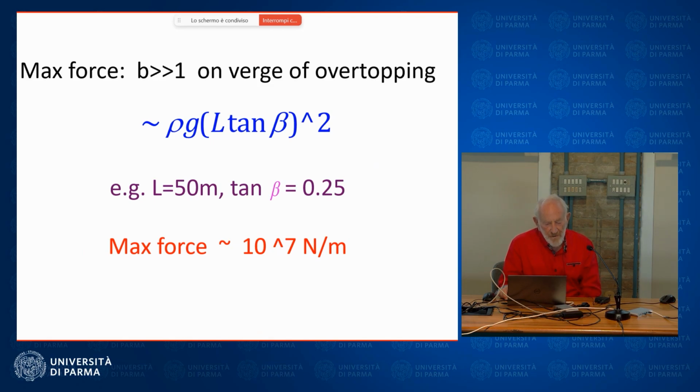And now you can calculate the force just as it's on the verge of overtopping. And so for typical values, the force on the wall, if it's just about to go, is 10 to the 7th newtons per meter.